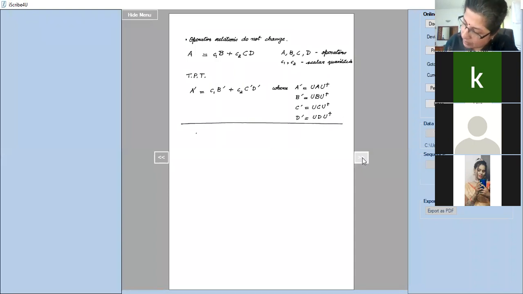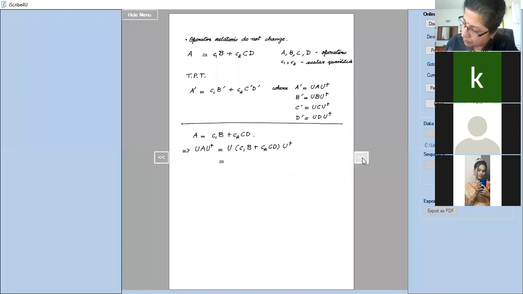Let's start off with this itself. A is equal to C1B plus C2 CD. Let's do a transform on A. So you say UA U dagger will be equal to what? I'll have to do this for this relation also, right? Because A is equal to C1B plus C2 CD.